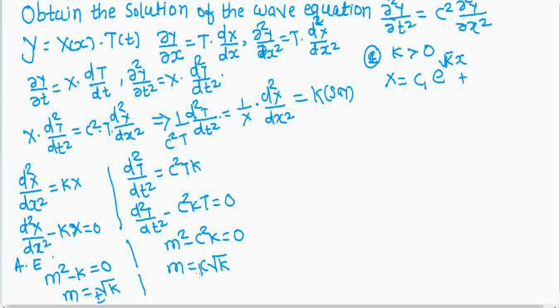So the first one is a plus, and the second, c2 into e raised to minus under root of k into x. Similarly, capital T equal to c3 e raised to c under root of k into t plus c4 e raised to minus c under root of k into t.